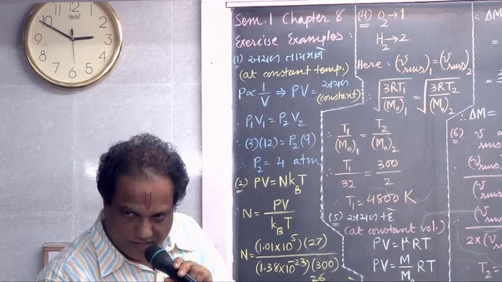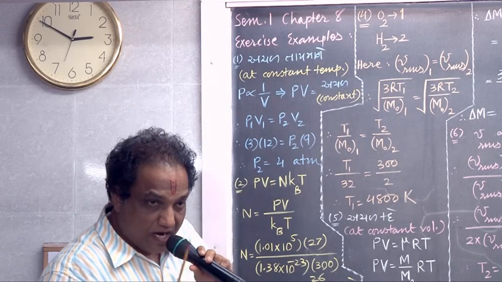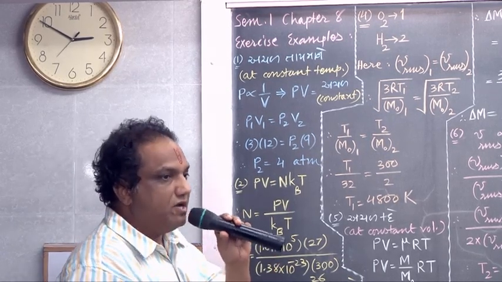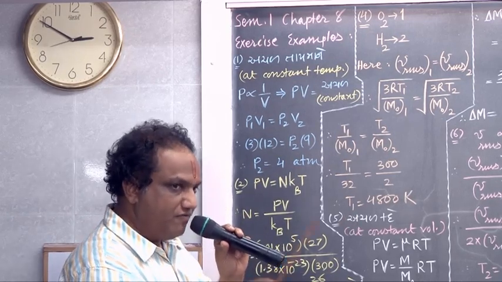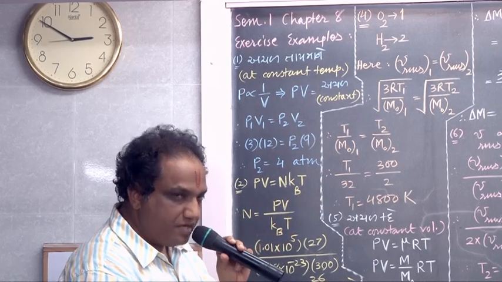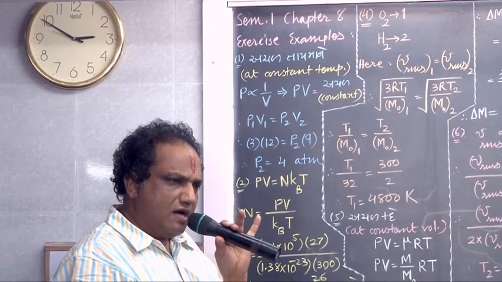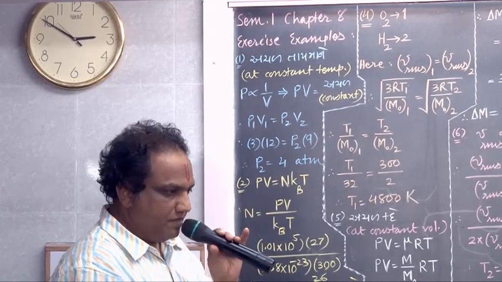Once you get the value in Newton upon meter square, how to convert it into dyne upon centimeter square? Just multiply by 10. Hardly sometimes they ask like this, normally they do not do that. Okay? Next.